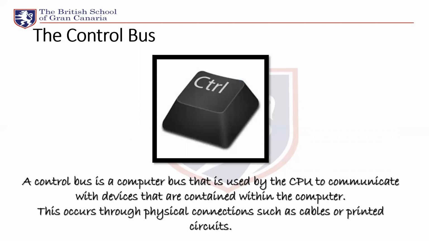And then we've got a control bus, okay? This is basically a computer bus that is used by the CPU to communicate with the devices. Okay, so this control stuff, this is your controller. So it has to communicate with the devices so the physical connections and the physical parts of the computer work, okay?